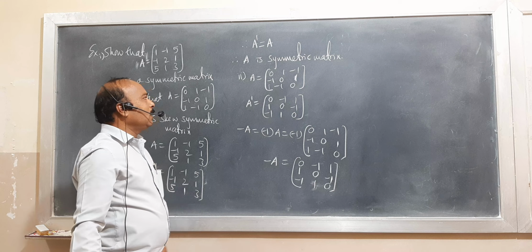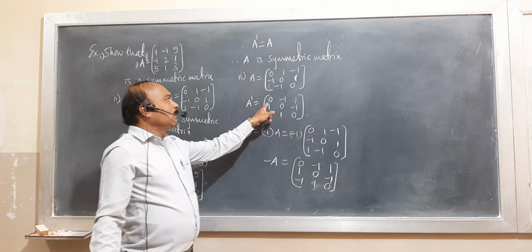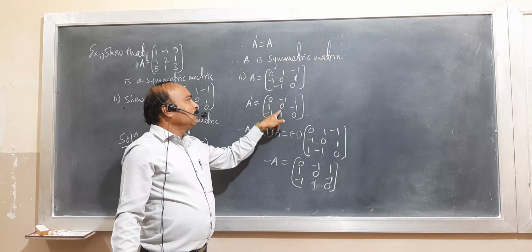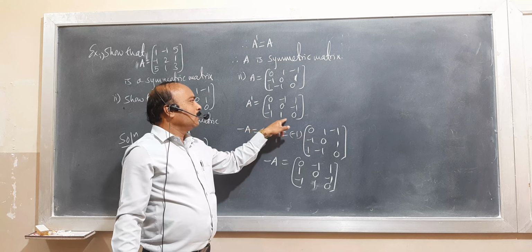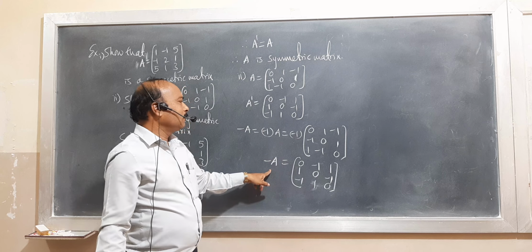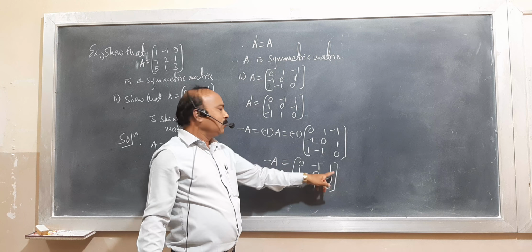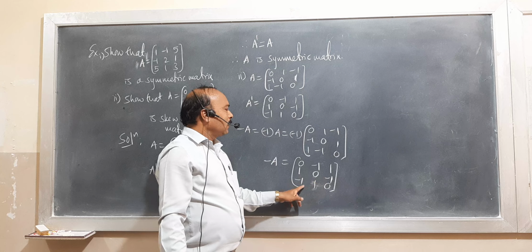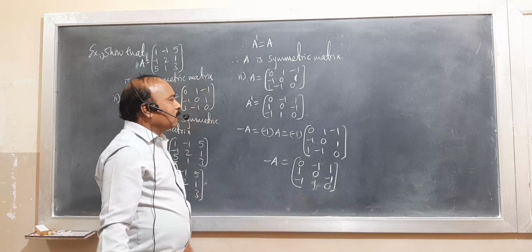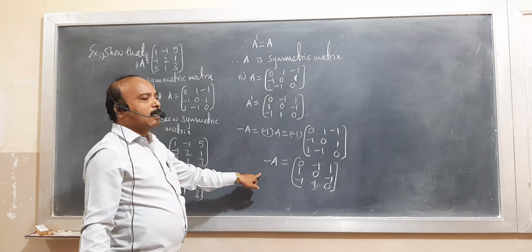Now we observe that A dash is 0 minus 1 1, 1 0 minus 1, and minus 1 1 0. Minus A is also the same, 0 minus 1 1, 1 0 minus 1, minus 1 1 0. So we observe A dash and minus A are equal.